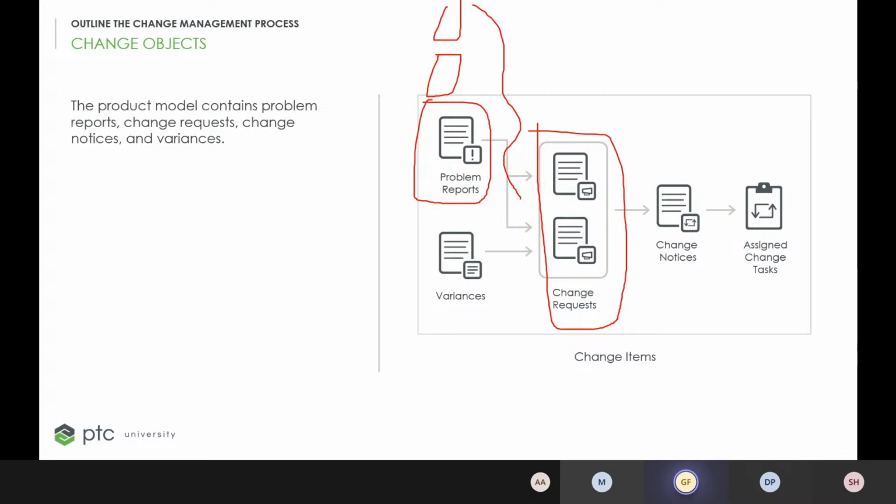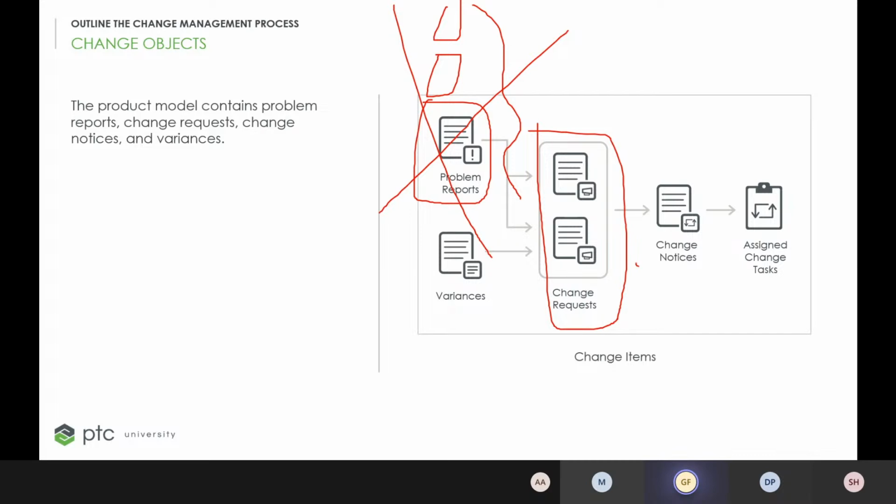However, as a caveat, a change request can be initiated even without a problem report being present. It's optional, actually. It can be launched with no problem report. You just say, okay, this change must happen, this enhancement must happen. You don't need a problem report.